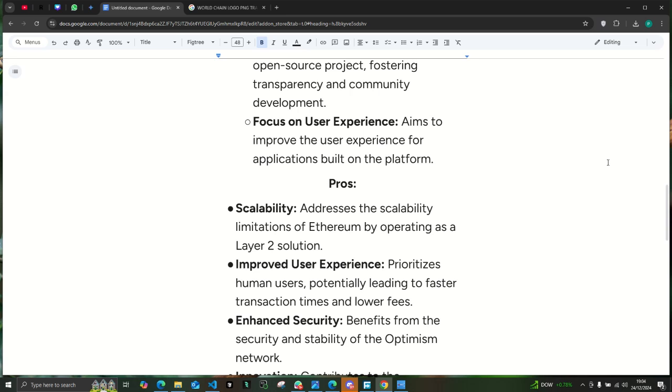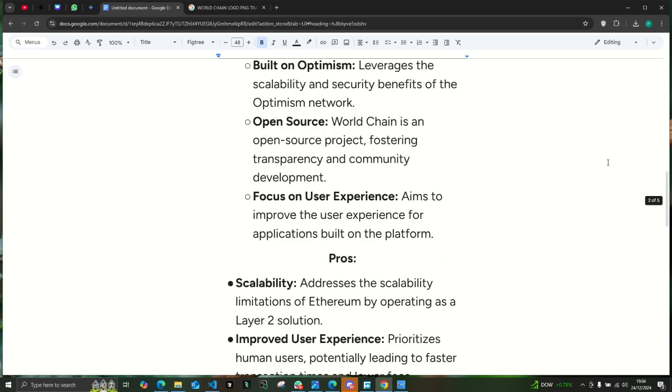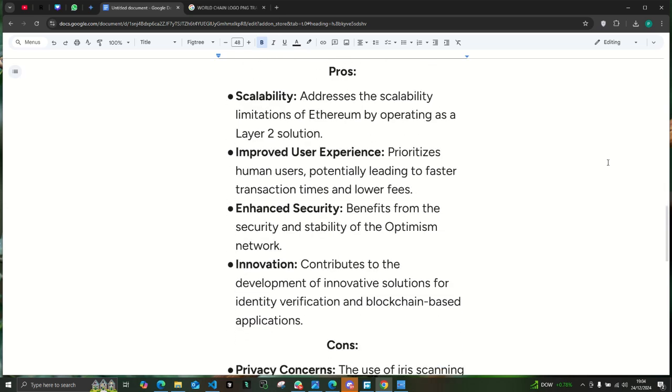Number 3, enhanced security. WorldChain benefits from the security and stability of the Optimism network. Number 4, innovation. WorldChain contributes to the development of innovative solutions for identity verification and blockchain-based applications.